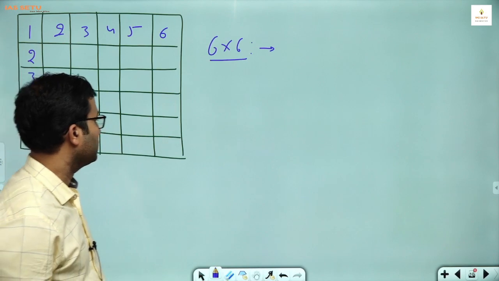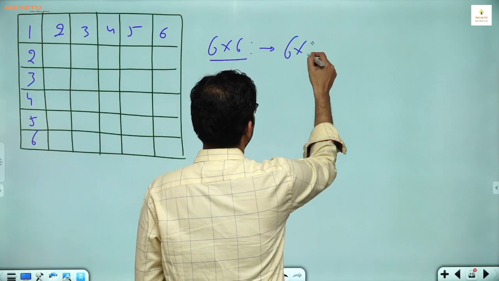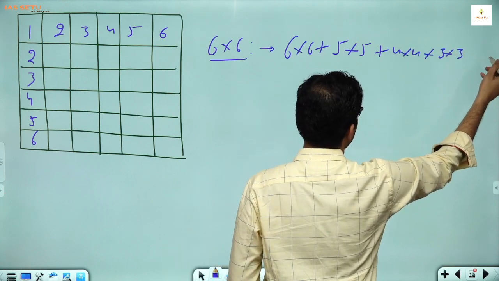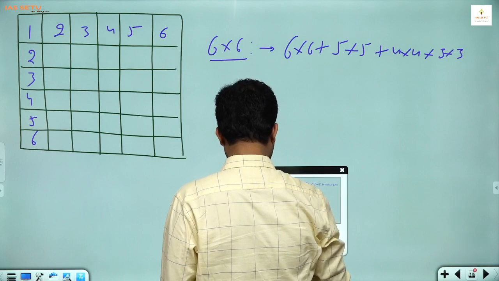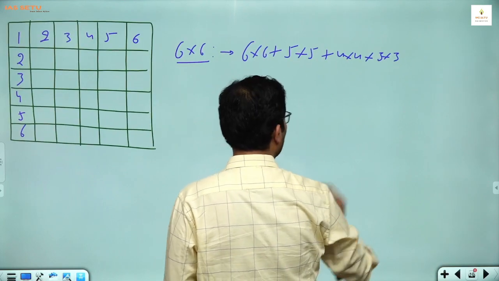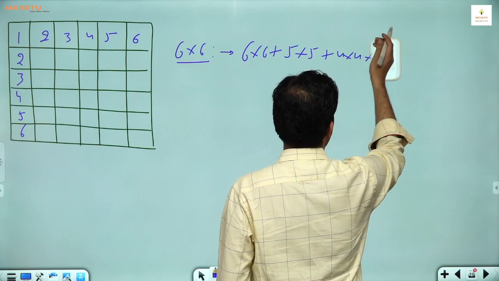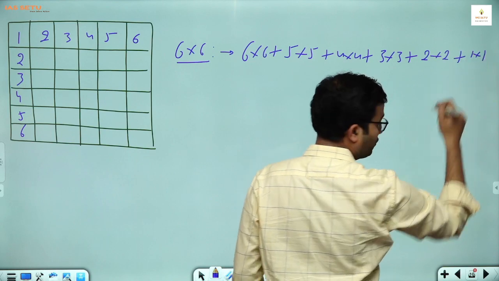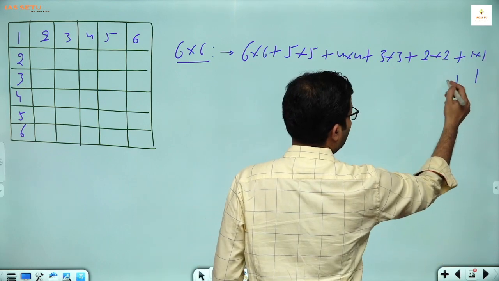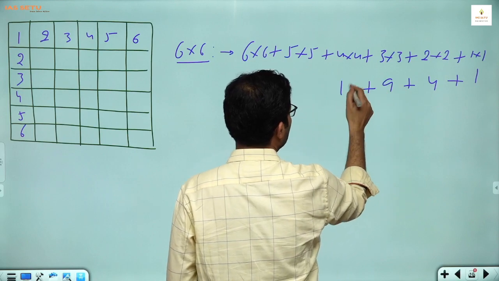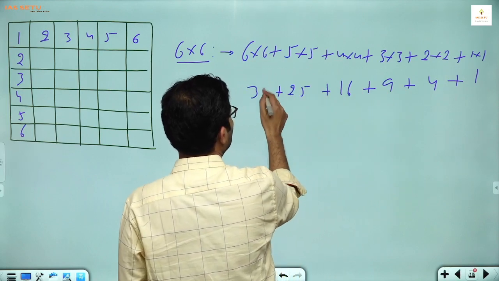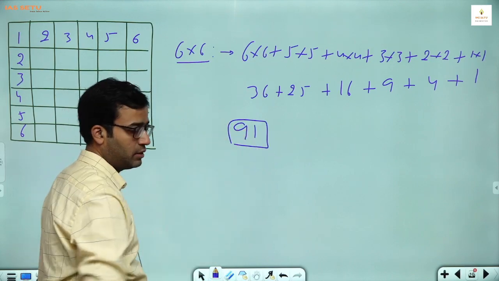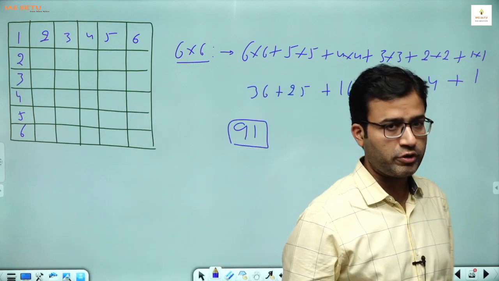This is 6 by 6. So 6 into 6 plus 5 into 5 plus 4 into 4 plus 3 into 3 plus 2 into 2 plus 1 into 1. Now those who are done, what is your answer? 91. So this is 1 plus 4 plus 9 plus 16 plus 25 plus 36. You have to make this total, and this total is 91. So in the given figure we have 91 squares. This is type 1.